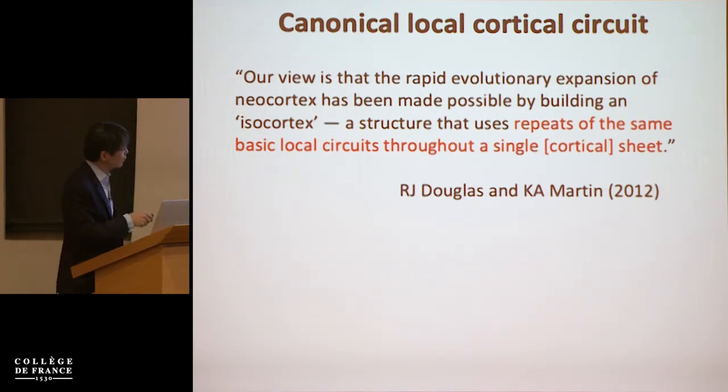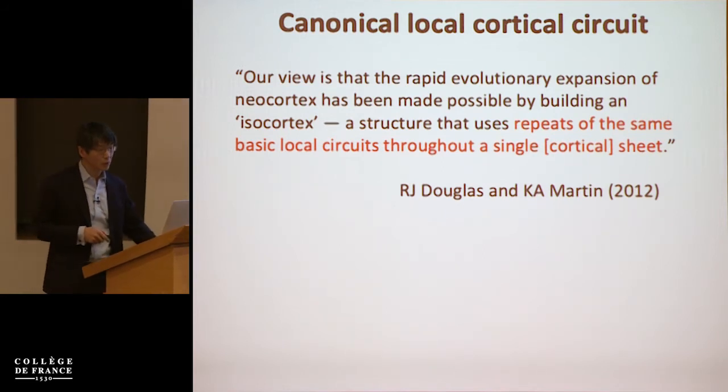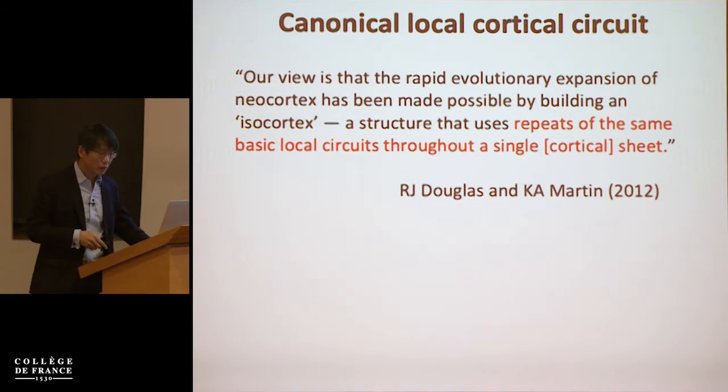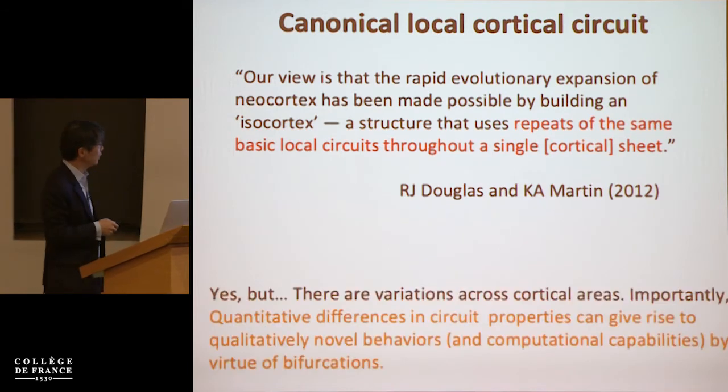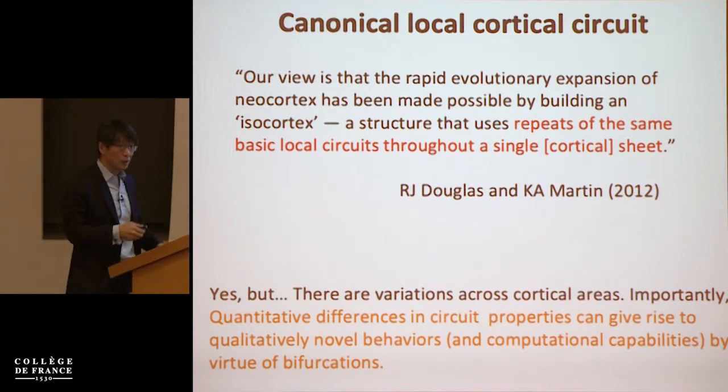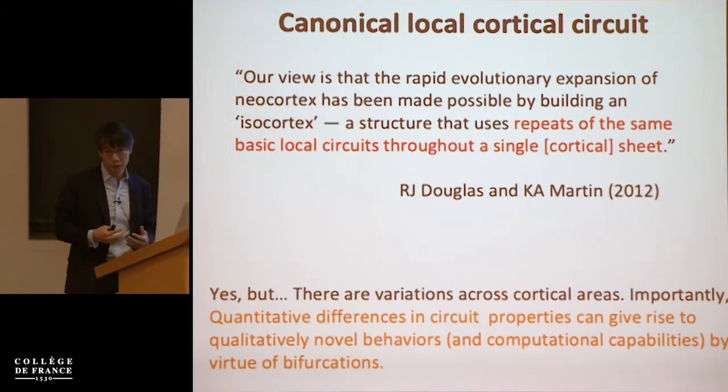That's advocated by many people, including Douglas and Martin. We're going to follow this principle when we build a model, but with a twist. On the other hand, we would say that maybe there are some quantitative changes from area to area.